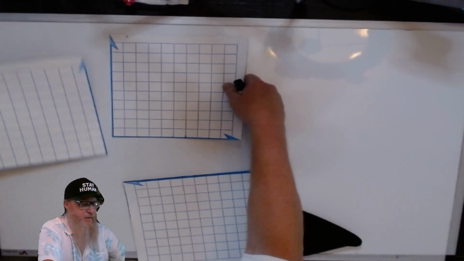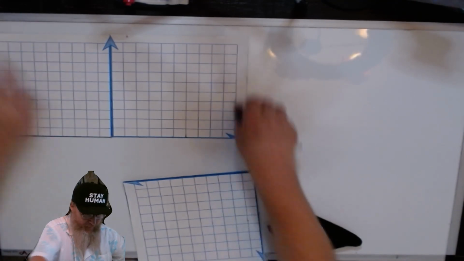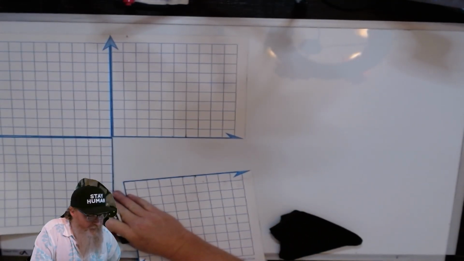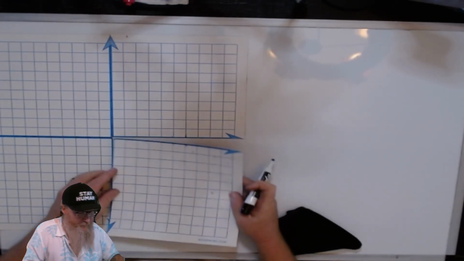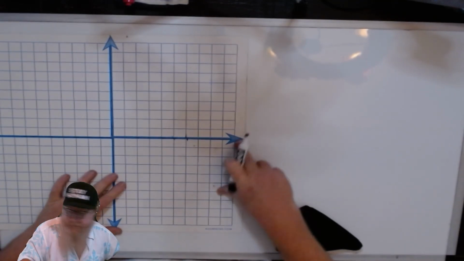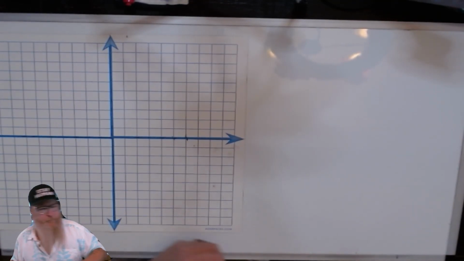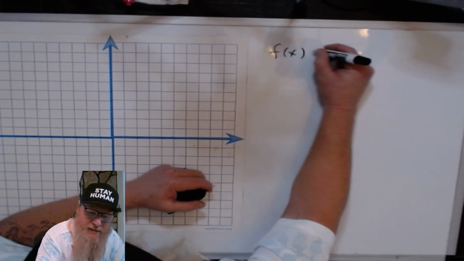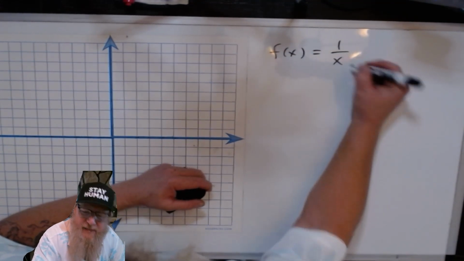So back to my graphing board. The classic example is f of x equals 1 over x.